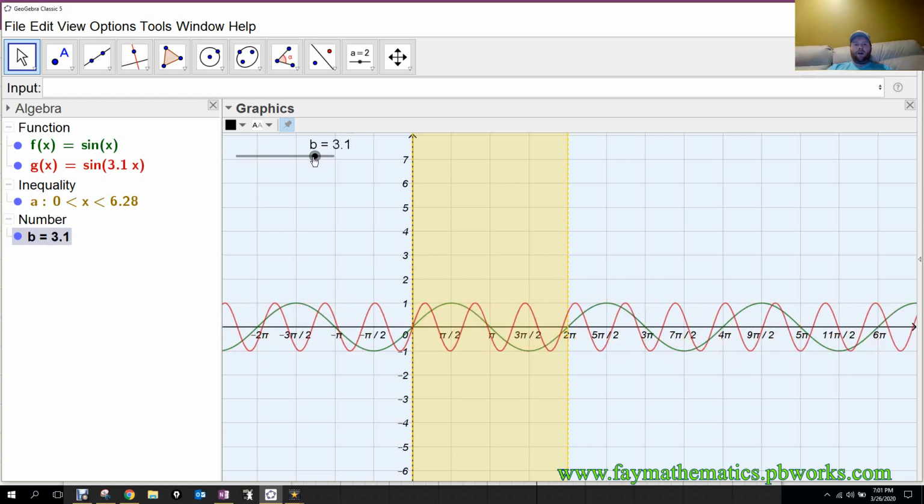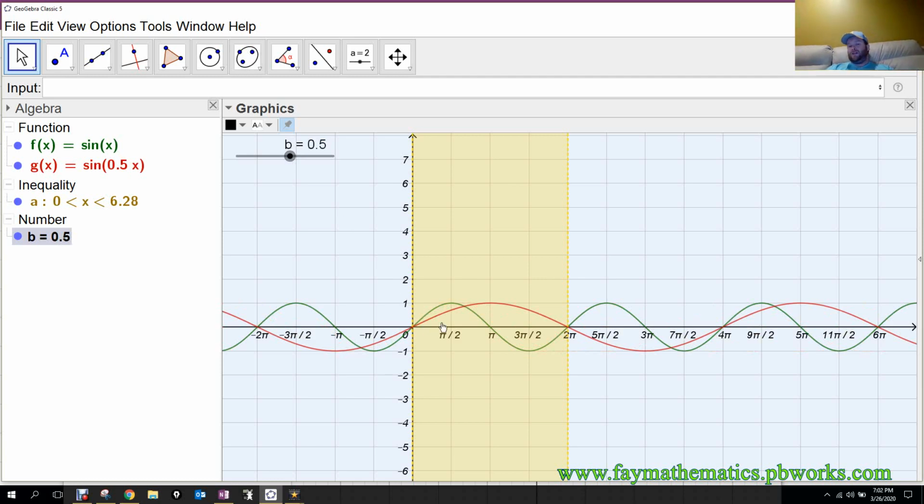Well, when I go the opposite direction, instead of making it a number bigger than 1, let's make it a number between 0 and 1. So let's go to 0.5 like the last one did with the tangent. Now you see that we've pulled that function apart and stretched it out, and it doesn't intersect the x-axis as many times inside that yellow region as it did when it was just sine of x.